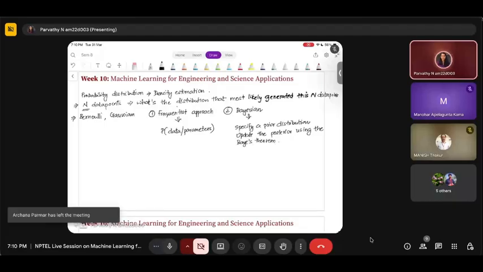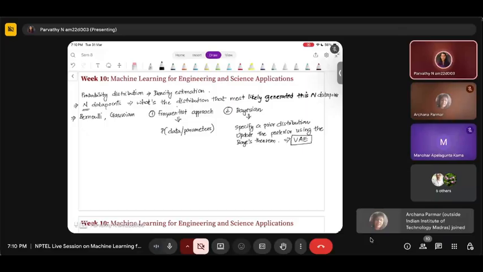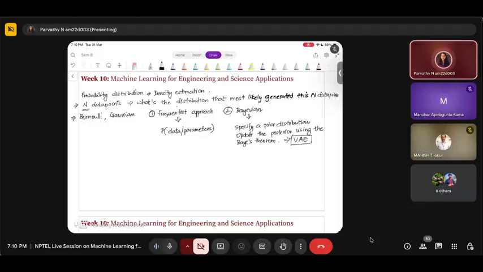An example of this approach, which you will come across I think in the next week or the week after, uses this concept: the VAE, the variational autoencoder. The variational autoencoder assumes the prior distribution and then updates the posterior by optimizing how close the prior is to the posterior.